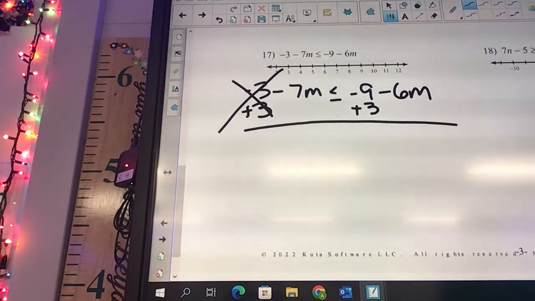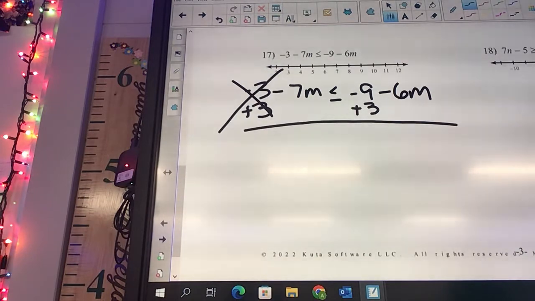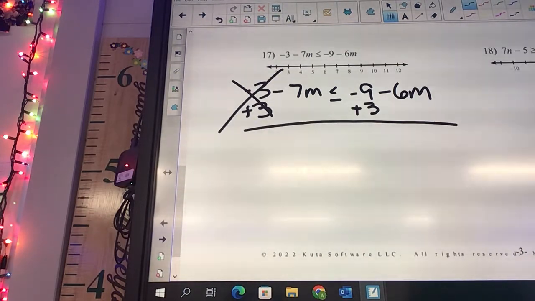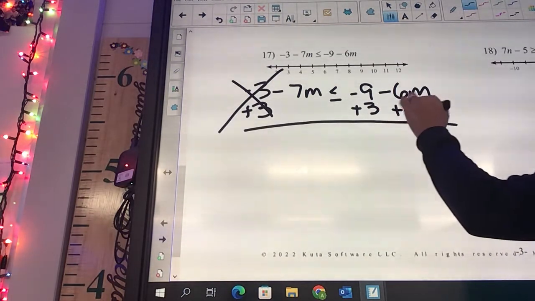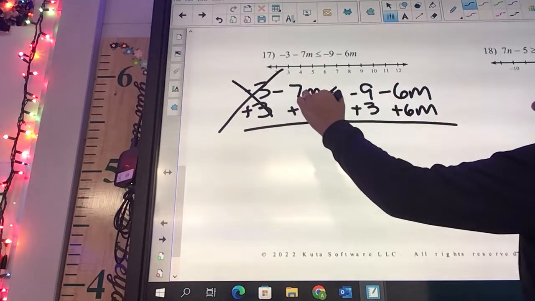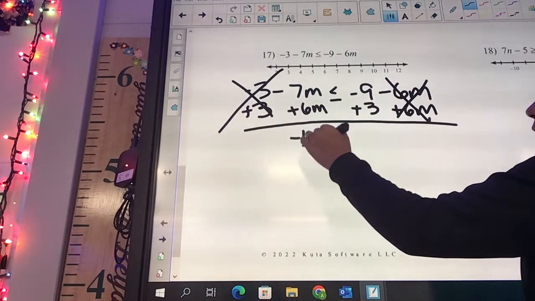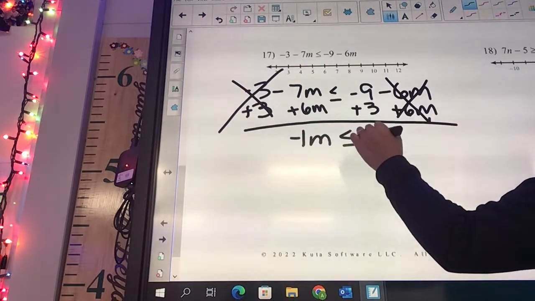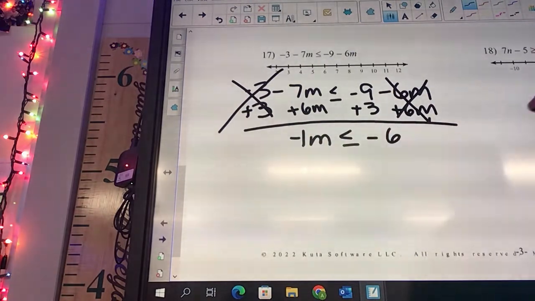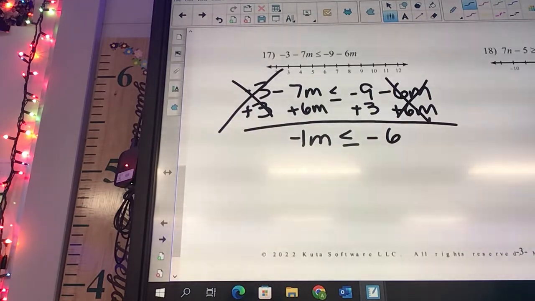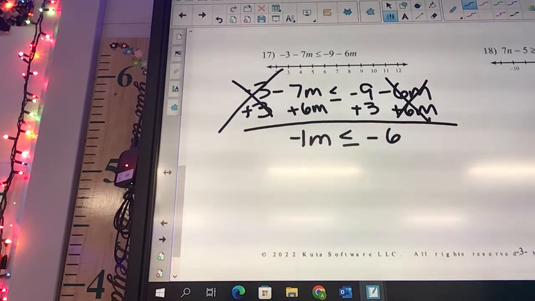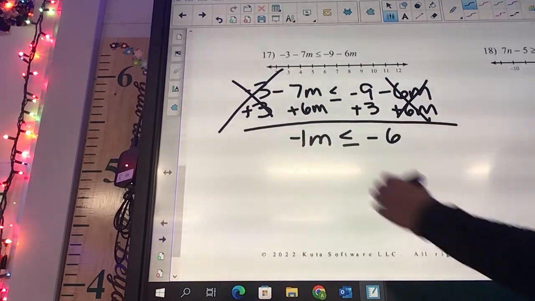Okay, what else needs moved? 6. So we're gonna say plus 6m, plus 6m. Okay, so I'm gonna get negative 1m, then I'm gonna get negative 6. Divided by negative 1.